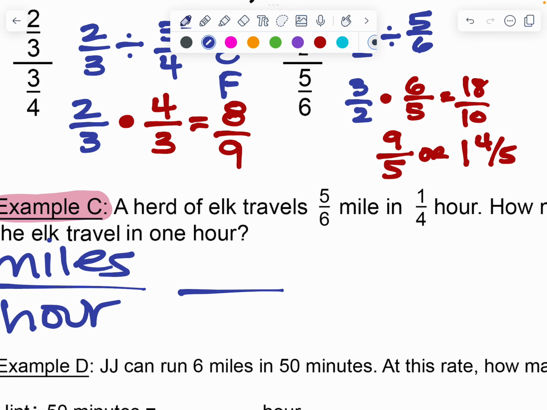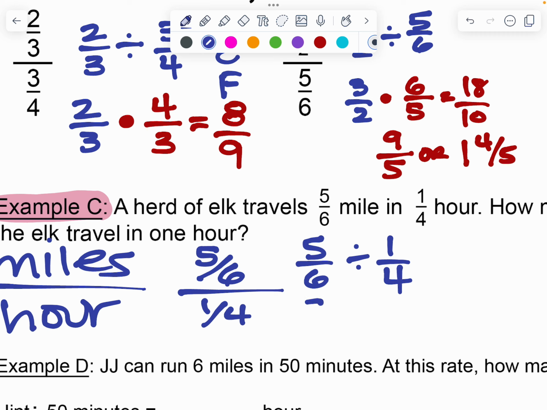A herd of elk travels 5/6 of a mile in 1/4 of an hour. All right, let's write that as a division problem. Ta-da! And then we're going to keep, change, do that reciprocal.